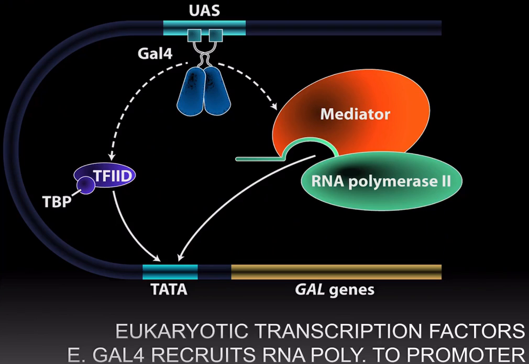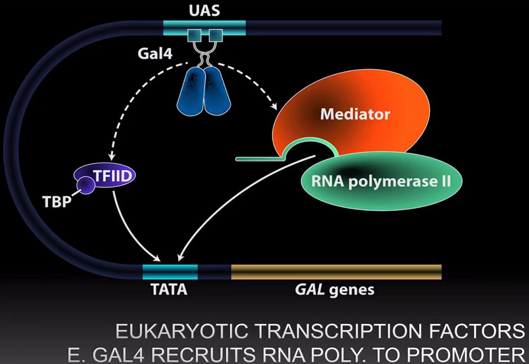Next, let's consider how the GAL4 activation domain actually recruits RNA polymerase. There are two ways the GAL4 activation domain recruits RNA polymerase. One is by directly interacting with TFIID and TATA binding protein and recruiting them to the promoter, or the GAL4 activation domain interacts with a multi-subunit protein complex called the mediator complex that then recruits RNA polymerase to the promoter.